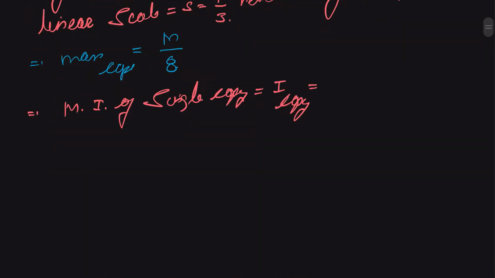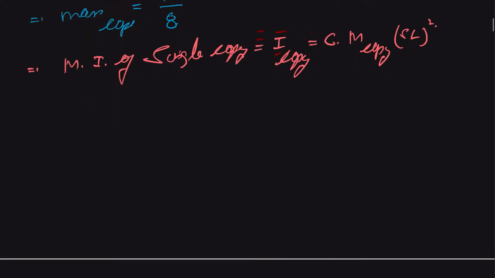So I copy will be equal to C times the mass of the copy, and we have the scaled version of the length, and its whole square.